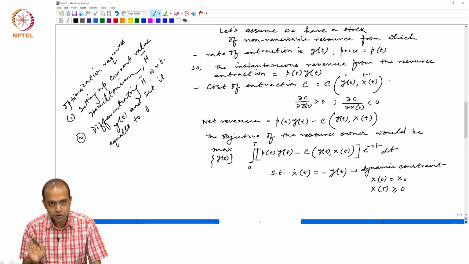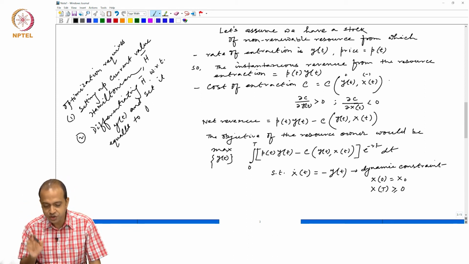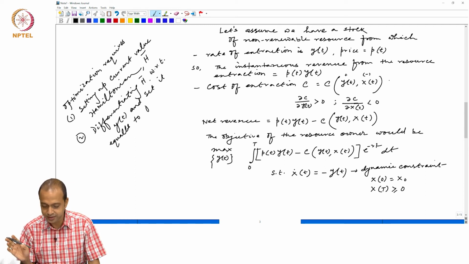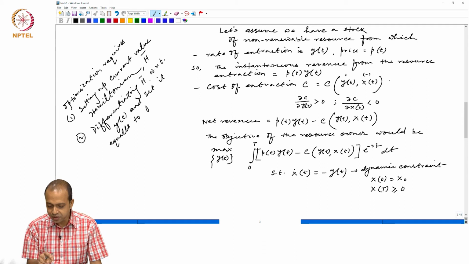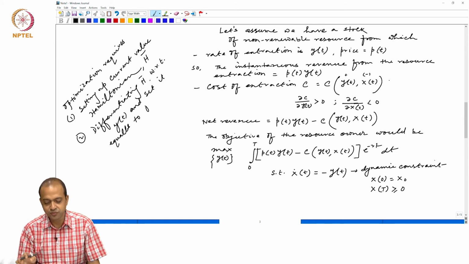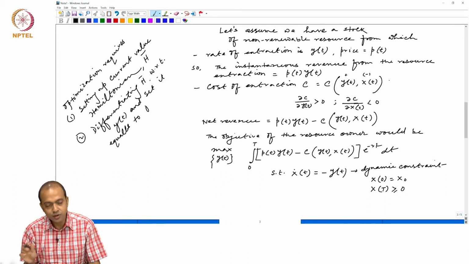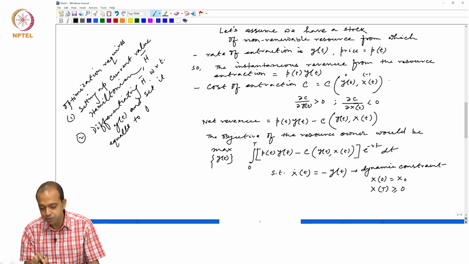We assume the cost of extraction is positively related with the rate of extraction, that is why del C del y t is greater than 0, while del C del x t is less than or equal to 0, and net revenue is p t y t minus c as a function of y t and x t. The objective of the resource owner is basically to maximize this benefit over a period of time, that is why the integration from 0 to T of p t y t minus this.